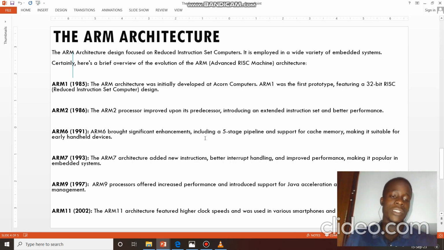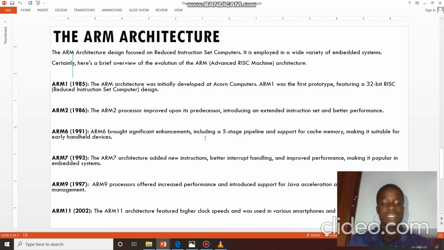The ARM7, which was introduced in 1993, had an instruction architecture that helped better interrupt handling and improved performance, making it popular in embedded systems. ARM9 was introduced in 1997.